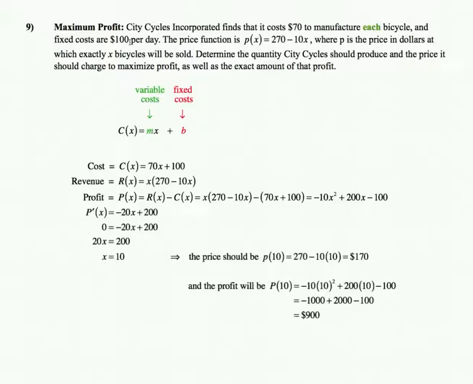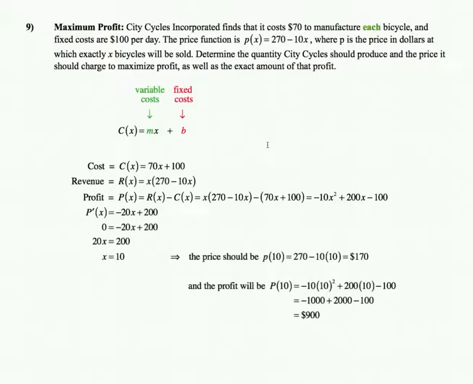Now you don't need to pay attention to the per day, per week, per month. That won't affect how you work this problem out. So our cost function, cost as a function of quantity, is 70x plus 100.